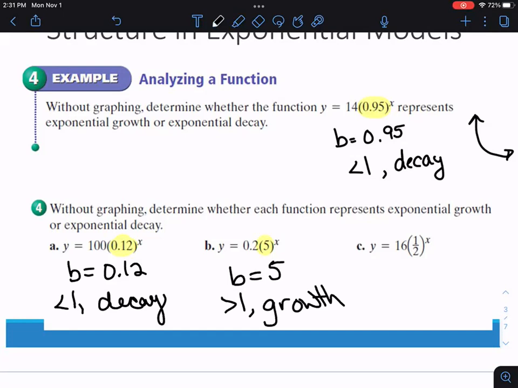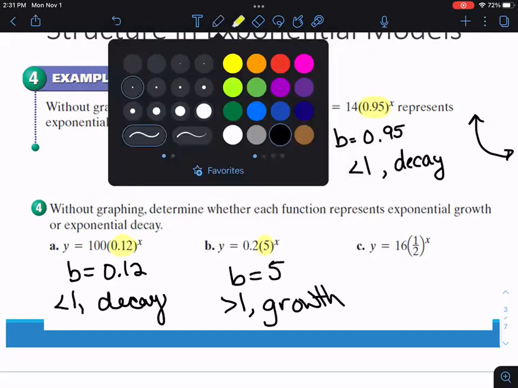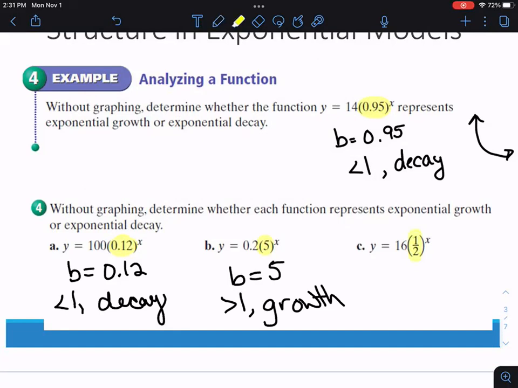And the last one over here on the right-hand side, we have a B value of 1/2. 1/2 is less than 1, so this is a decay problem.